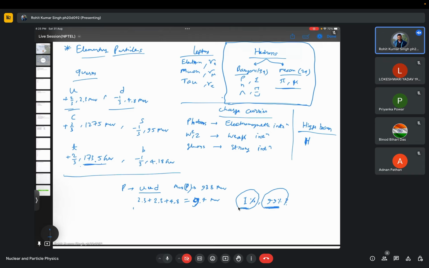Other 99% comes from the confinement of the quarks. So it's an interesting thing to remember. You can read about it more. There is a bag model of the nucleon, which explains better what I'm trying to say. But these are for later studies.